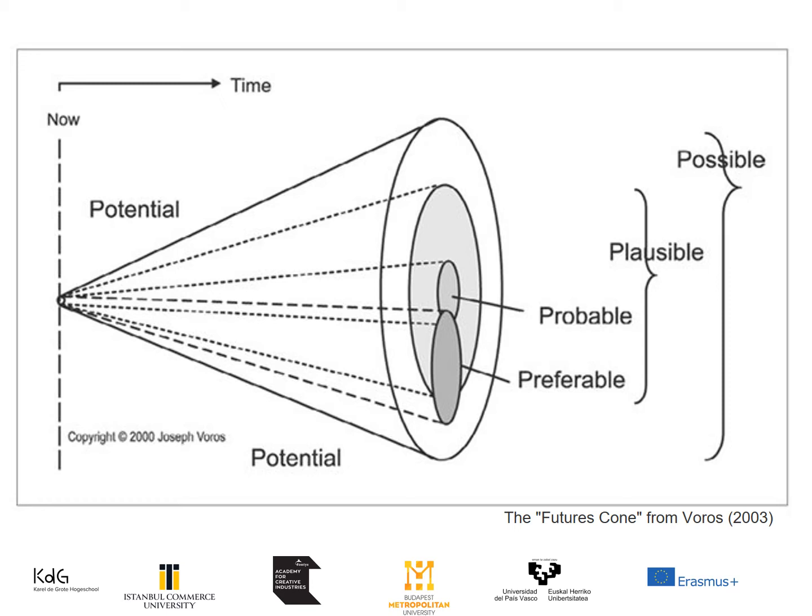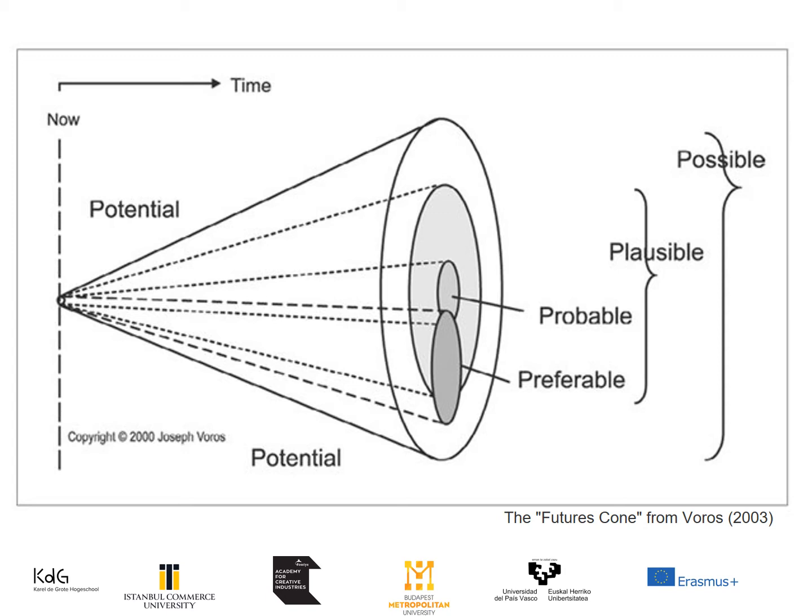Hancock and Bezold used it firstly to portray alternative futures and based it on the taxonomy of futures by Henty. Henty presented four classes of futures: possible, plausible, probable and preferable future. Joseph Voros adapted the model and added even more future classes to it, but we in this course stick to the four main classes used by Hancock and Bezold.